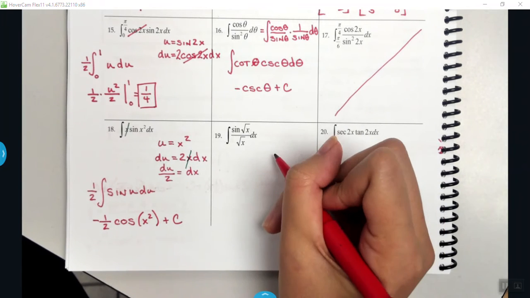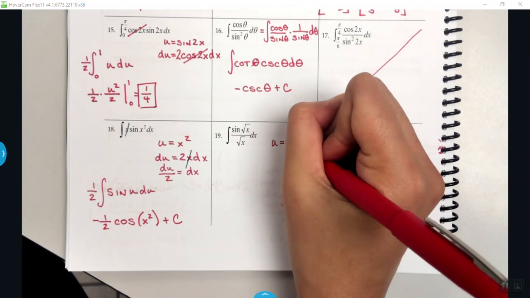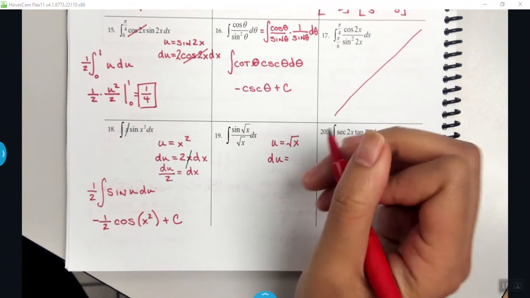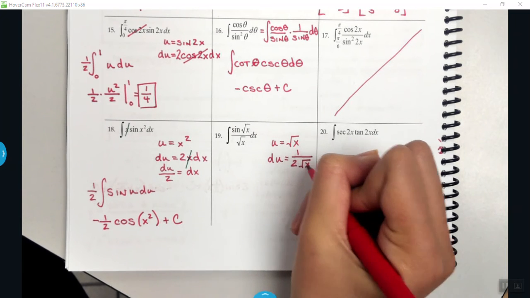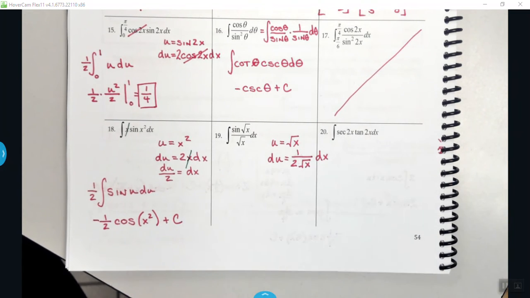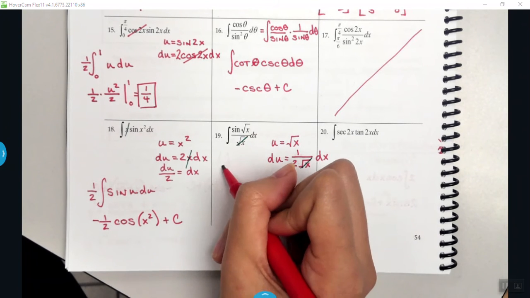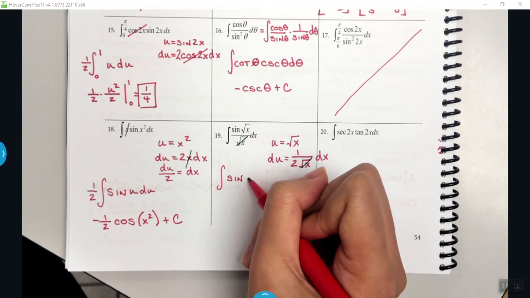Okay, 19. What should I do? u equals what? Root x, okay. du is 1 over 2 root x, right? dx. Anything cancel? Yeah, the root x is on the bottom, so it cancels. And so this becomes integral of sine of u.